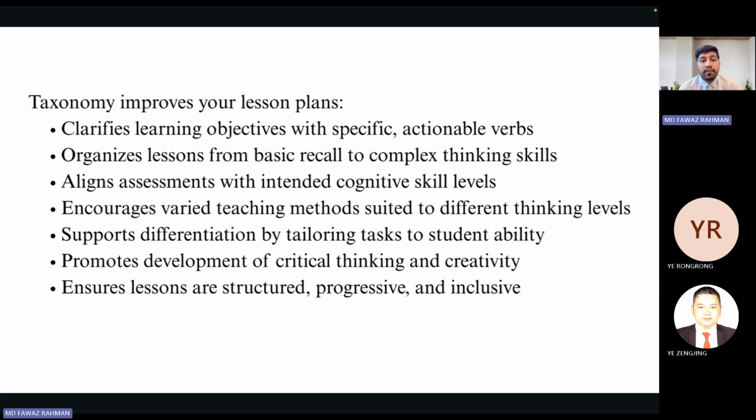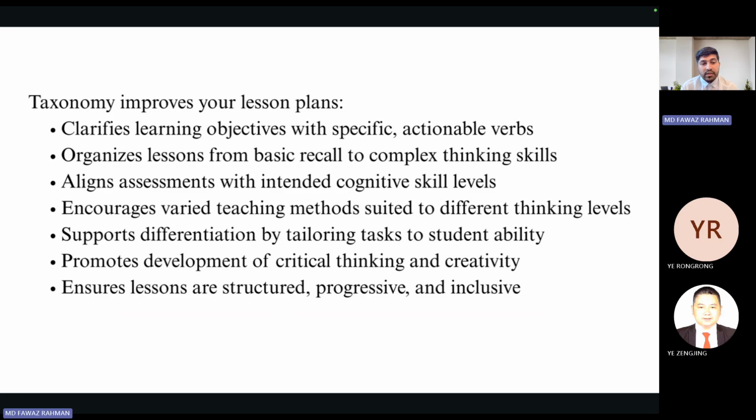We can say it clarifies learning objectives with specific, actionable verbs, and organizes lessons from basic recall to complex student thinking skills. It also aligns the assessment with intended cognitive skill levels, and encourages methods of different thinking between students and teachers. It also supports differentiation by matching the task given to the student's ability, and promotes critical thinking and creativity.